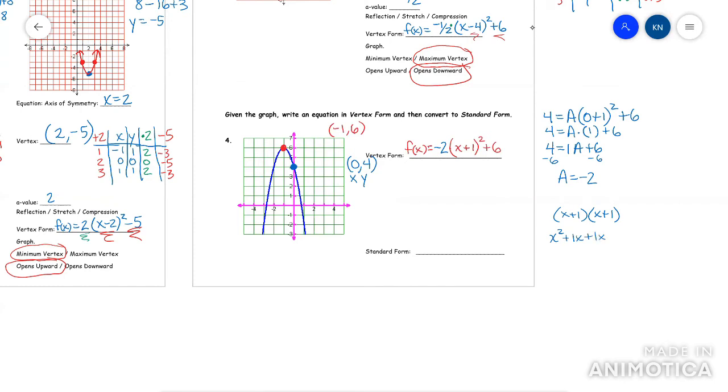And the last is 1 times 1, which is just 1. Combine your like terms. All right, so that's just this x plus 1 part. So it's really like it says this. I'm going to replace x plus 1 squared with what I got when I FOILed it out. X squared plus 2x plus 1.